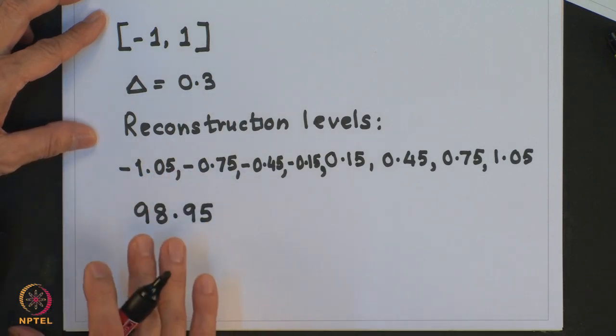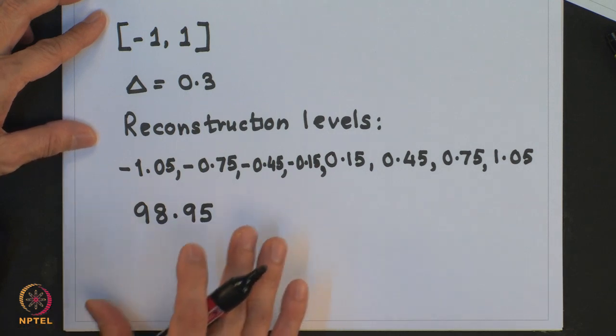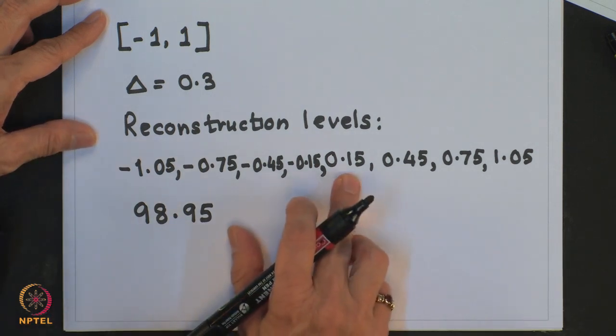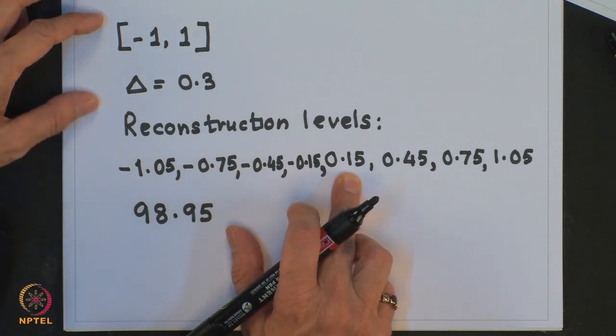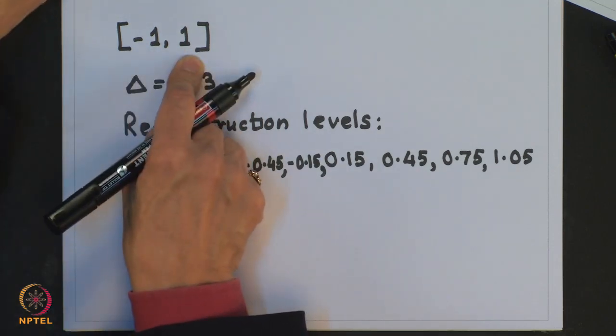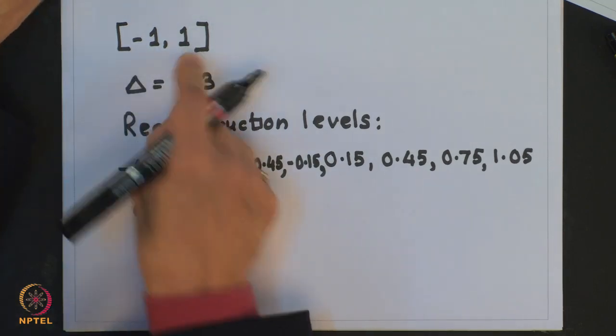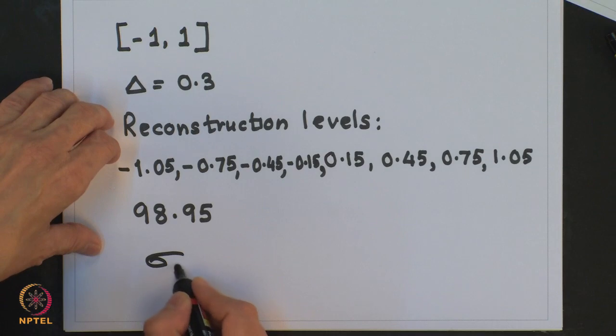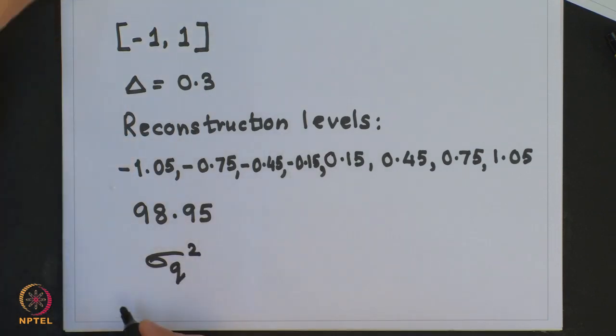However, 95% of the quantization error will be less than 0.5, correct, because most of the time our signal occurs in this interval. Therefore, in this case the mean square quantization error will be substantially less.